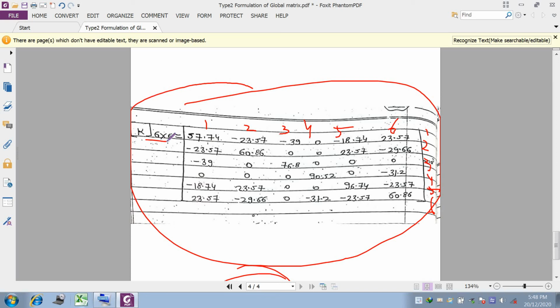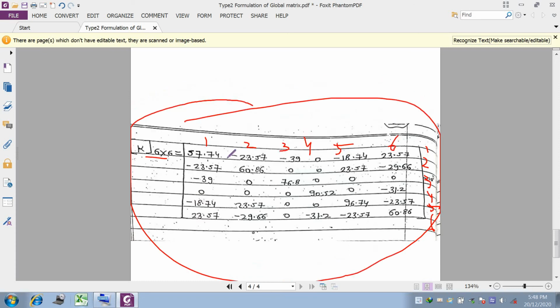You need not solve for the displacements or the member forces. If it is asked, it may be very difficult to put a 6 by 6 matrix in your calculator, so you would have to solve that numerical manually. But in your examination this numerical is always asked for 7 marks up to that step only.